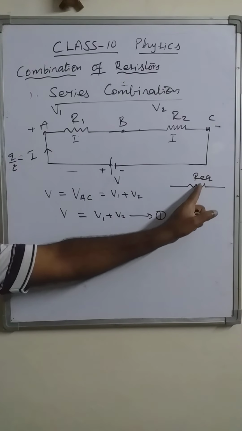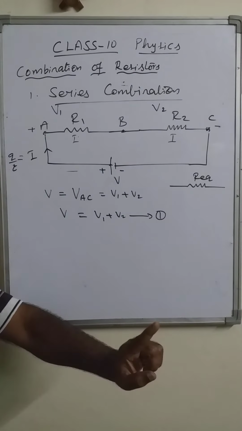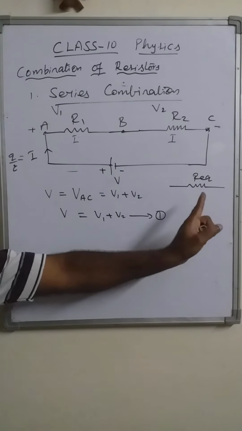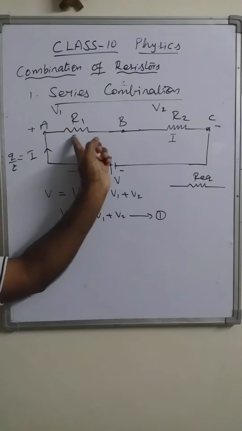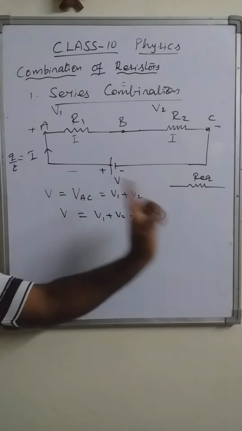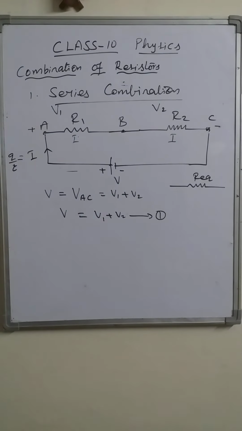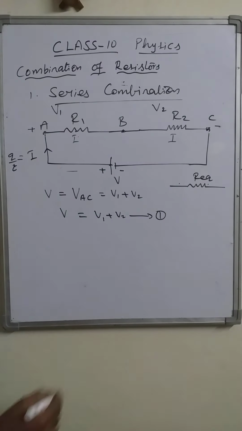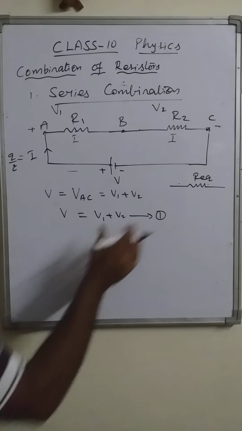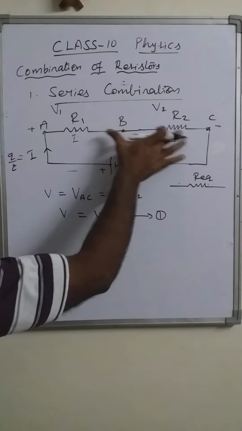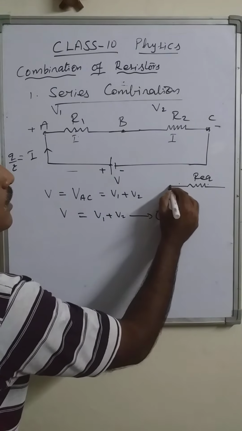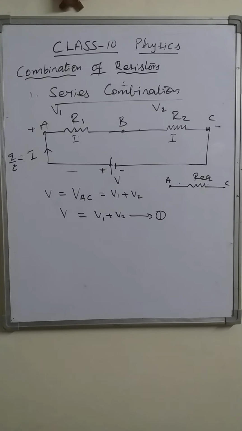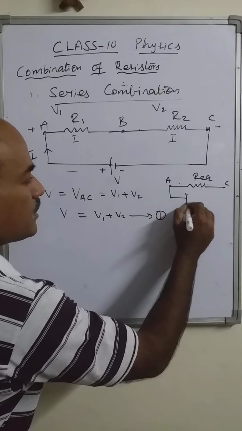Equivalent resistance is a single resistance which does the same work, which gives the same opposition as is given by a number of resistors, that is R equivalent. And this R equivalent is equal to the combination of these two across the points A and C, which is connected across the cell.